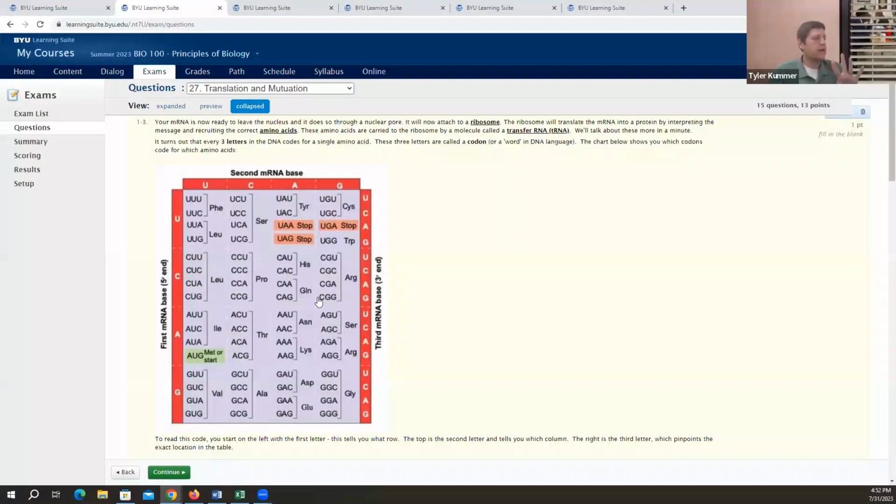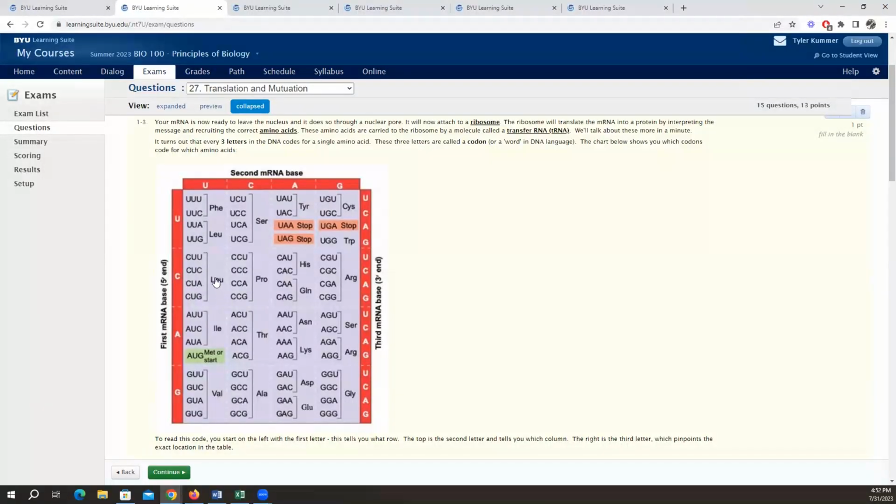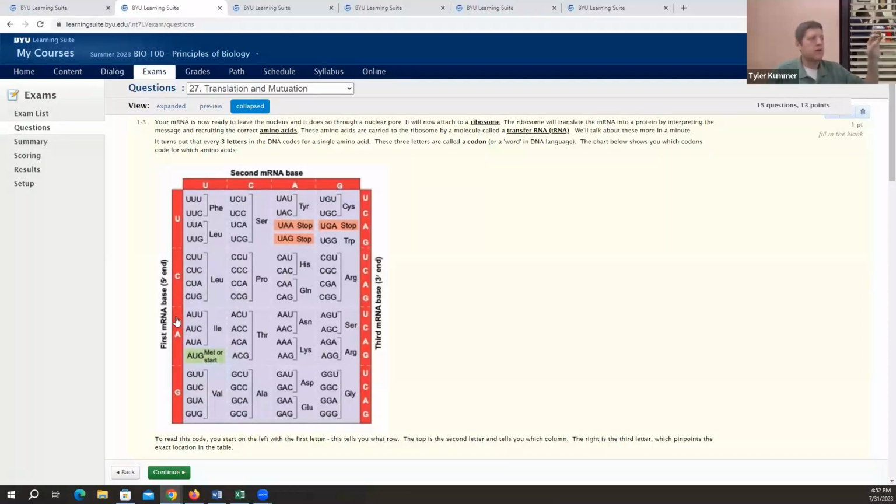Yeah. So really quick, just the tRNA, we want to ignore that when we're interpreting this chart. This is going to be just the mRNA, the RNA that we built in transcription. That's what we're going to use this chart to interpret. So yeah, the left side rows are going to be the first letter.